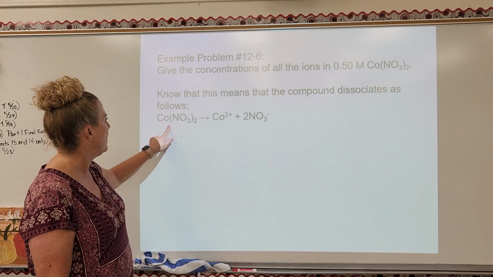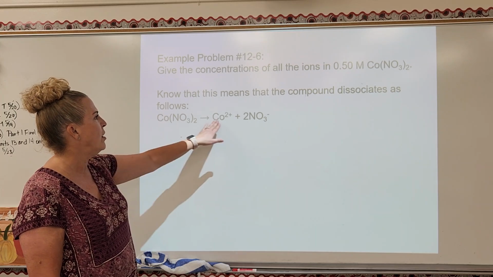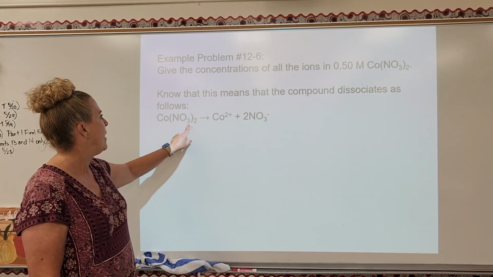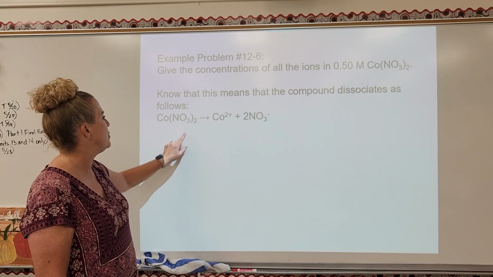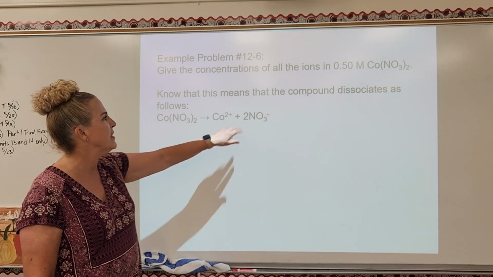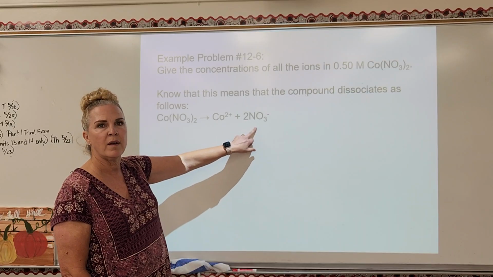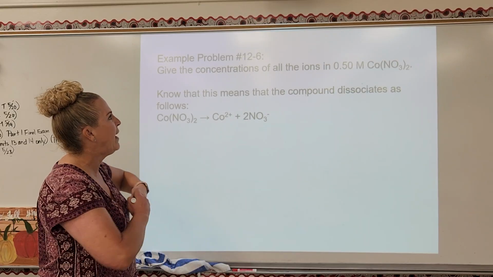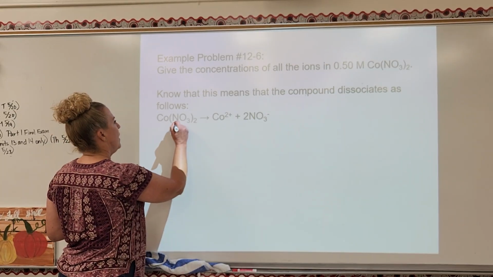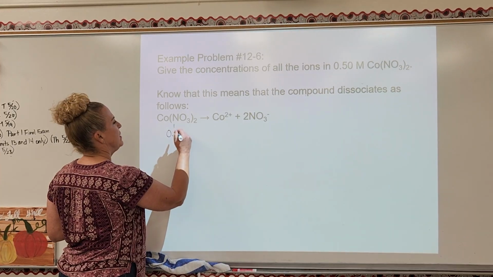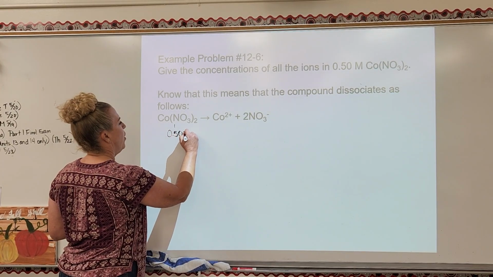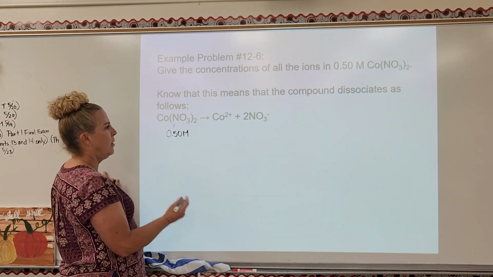So from the formula, I can see that there's 1 cobalt, which has a 2+ charge. And that 2 tells me I have 2 nitrates, so I'm going to put a 2 in front of it. All right. We have been given 0.50 molar, right?